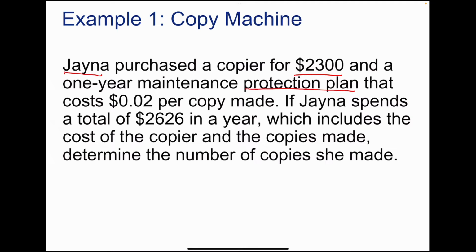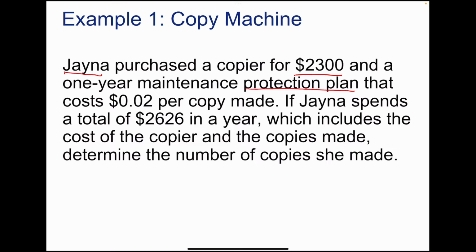So after purchasing the copier, if Jenna makes 100 copies, then she needs to pay 2 cents per copy made. In this case, it will be 2 cents times 100, 200 cents, which is $2.